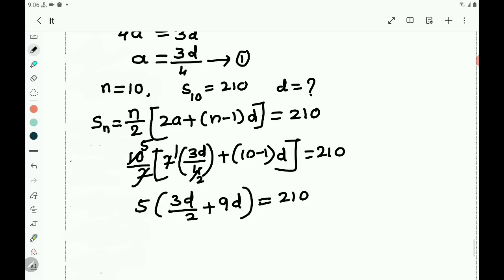Then you can transfer this 5 to the RHS. So that is 210 by 5. And what is remaining here? Take the LCM 2. 3d plus 9d is to be multiplied by 2.